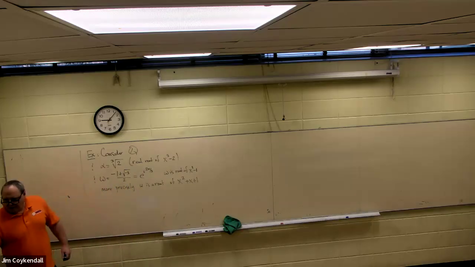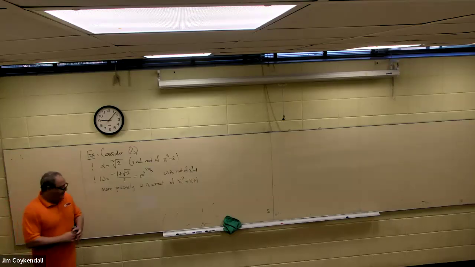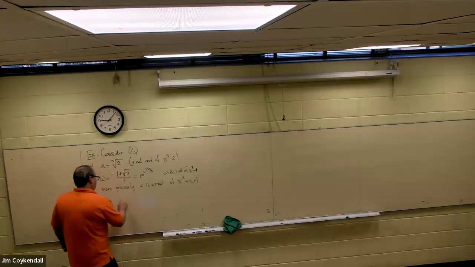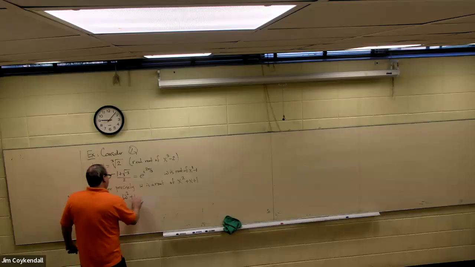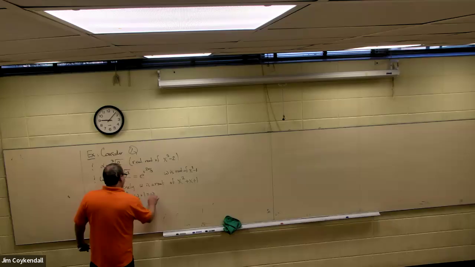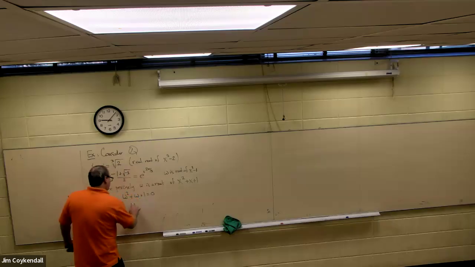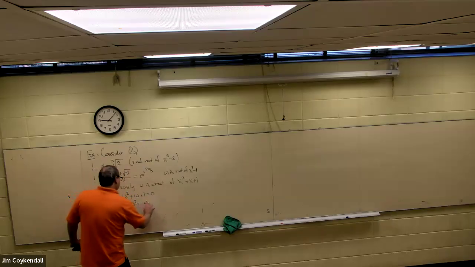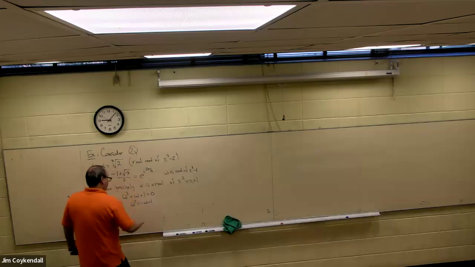So I'm going to make some observations about omega that might be useful to me in a bit. Notice that omega squared plus omega plus 1 equals 0. So this means that omega squared is minus omega minus 1.